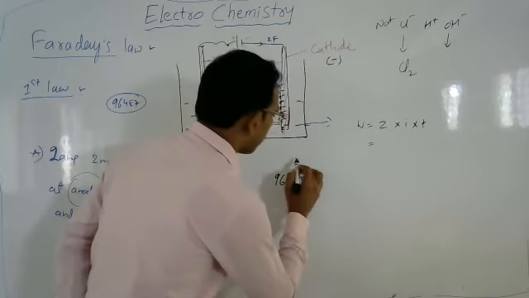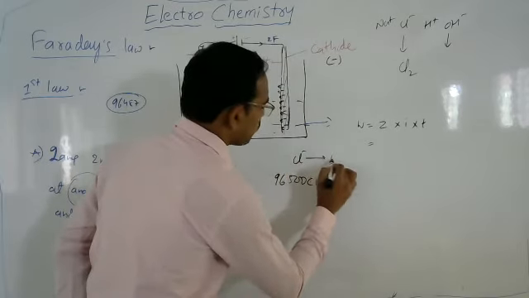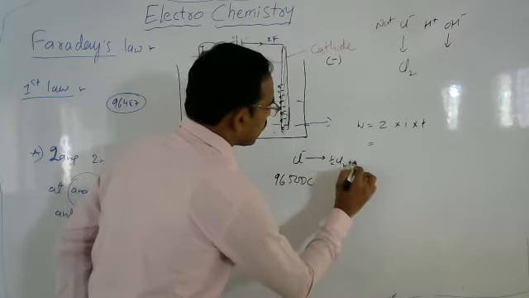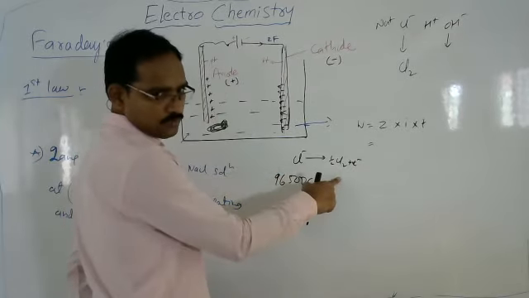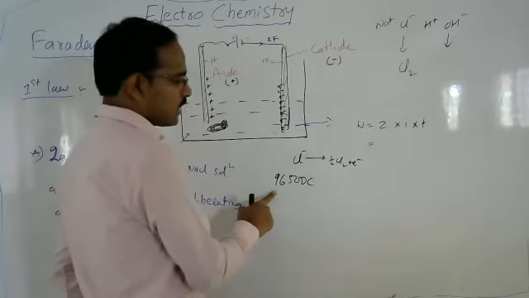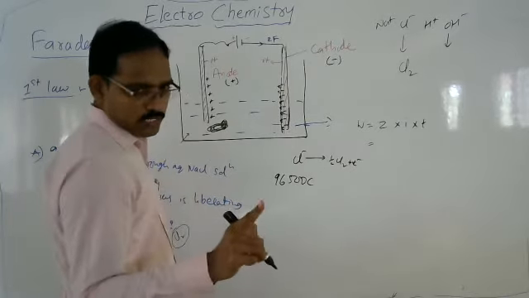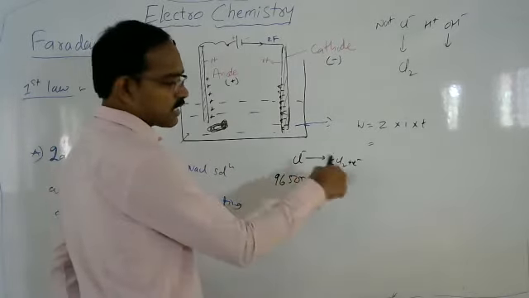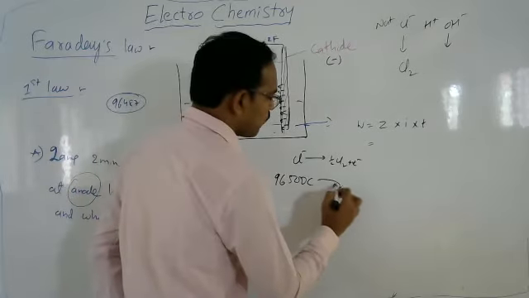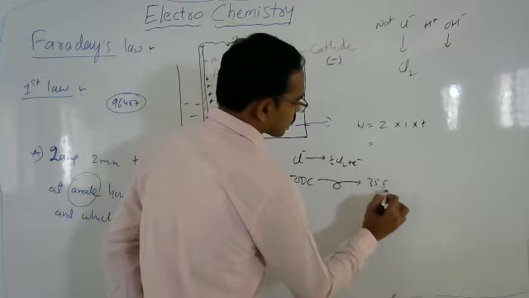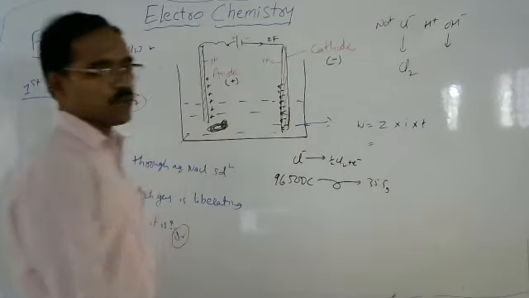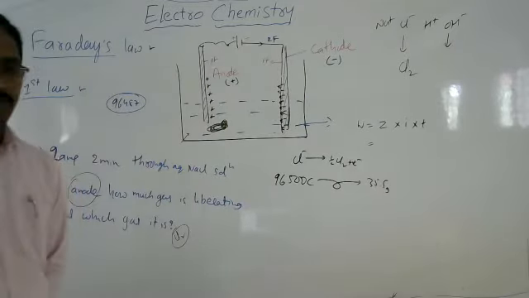See, Cl minus is forming half Cl2 and losing one electron. Okay, 96,500 means what? 1 mole of electrons. When 1 mole of electrons is exchanged, how much chlorine will get deposited? 35.5 grams. Is it clear?